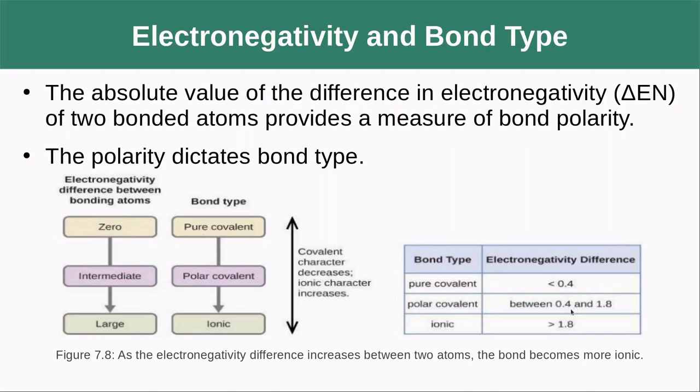Once you get to a difference of about 0.4 to 1.8, you're going to wind up with a polar covalent bond. And then once it exceeds a difference of 1.8, that's when you're going to start to have ionic bonds form. And we saw that those behave differently, where now an electron is associated almost entirely with one of the nuclei over the other.